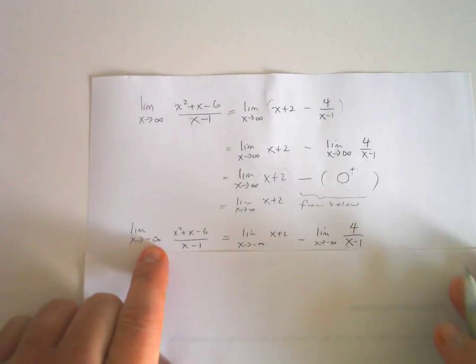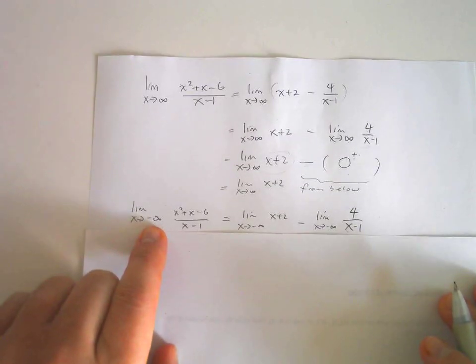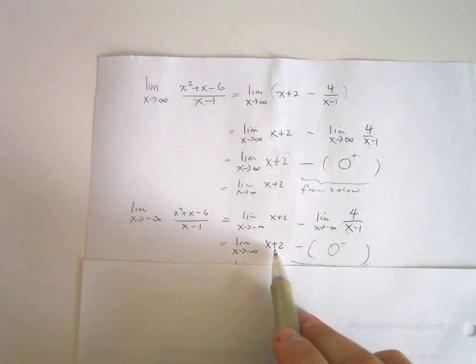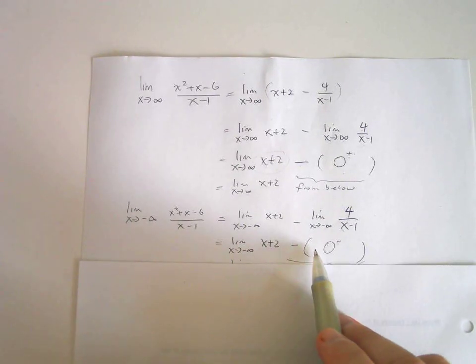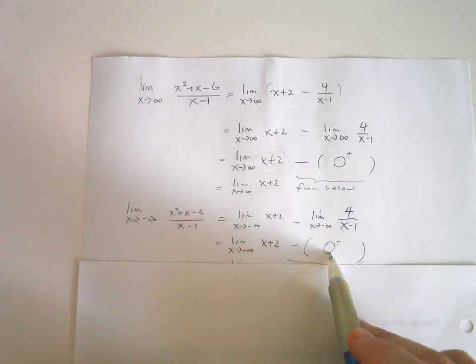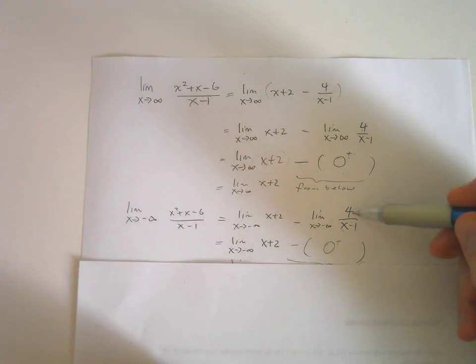Now if I start looking at the other side of it, towards negative infinity, I could say exactly the same thing, that it's going to tend towards x plus 2, but then this section now is going to start tending towards 0, and because it's going towards negative infinity, the numerator is positive, the denominator is now going to start tending towards a big negative number.